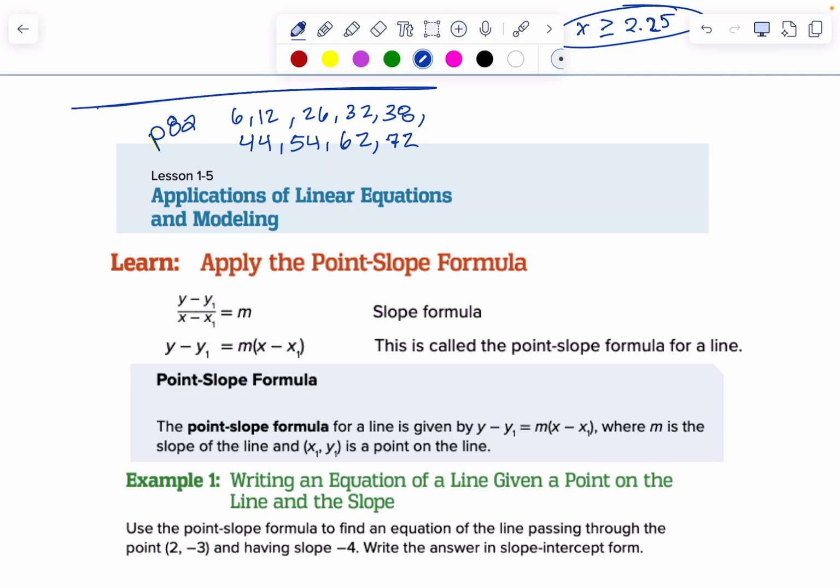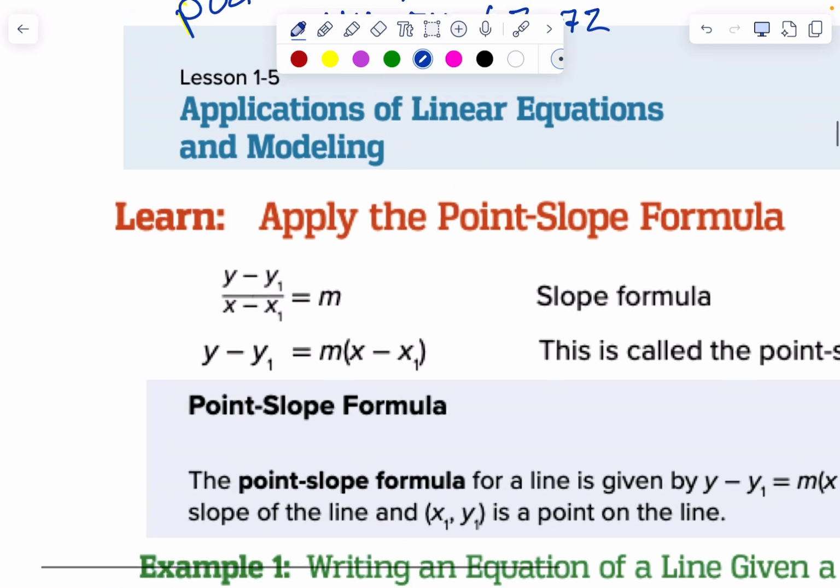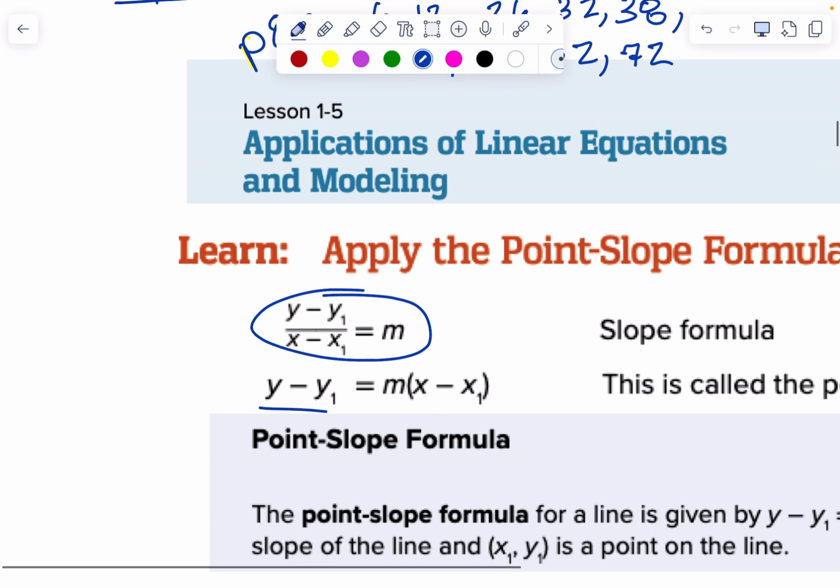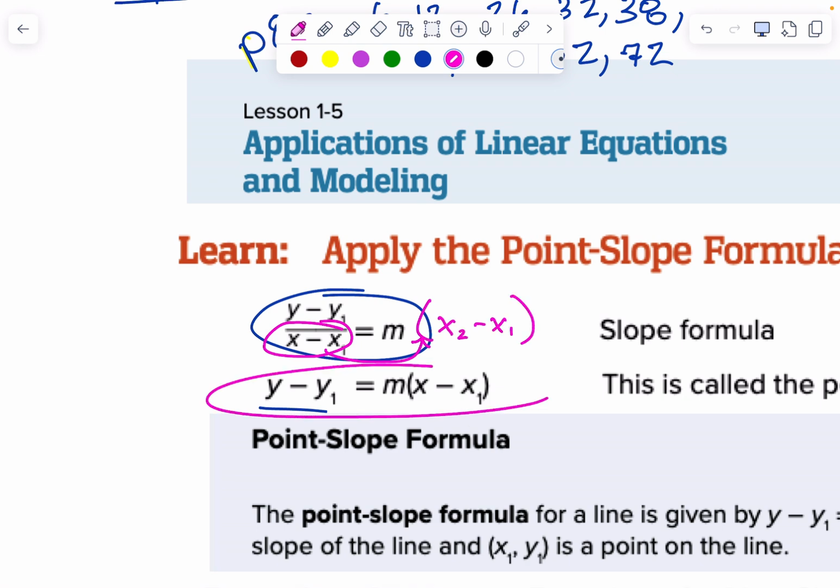I don't like point slope form. There is a time and place for point slope form. It looks like this. You take the slope equation, y2 minus y1 over x2 minus x1, and then basically you multiply the x stuff to the other side. So x2 minus x1 goes here, and this is point slope form.